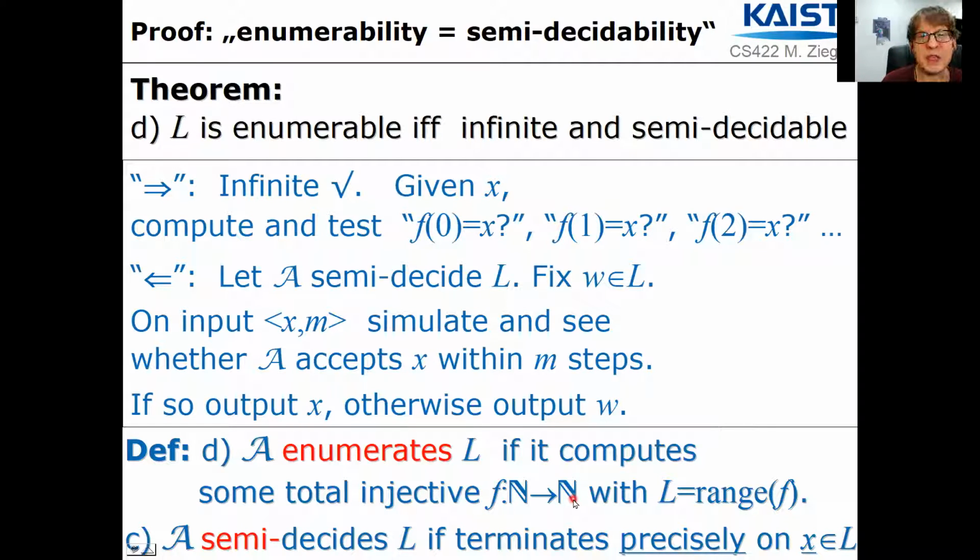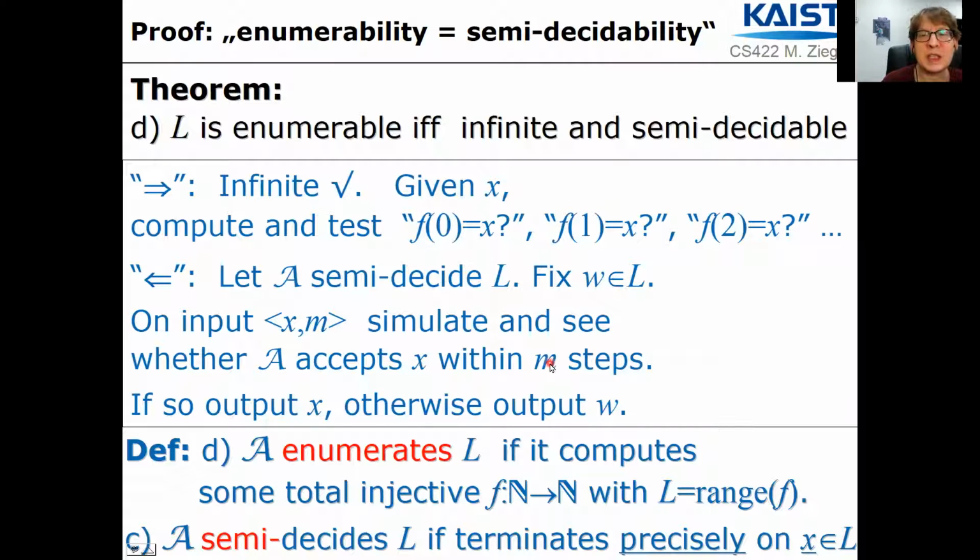The next property is that the total function the algorithm computes has a range coinciding with the decision problem L. Why is that the case? Well, if it outputs W, then W belongs to the set by hypothesis. Recall that W is the hard-coded fixed element that we choose in advance before constructing our algorithm B. Whereas if the algorithm outputs X, that means that the simulated algorithm A has accepted X within M steps.